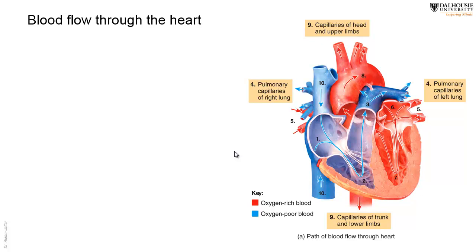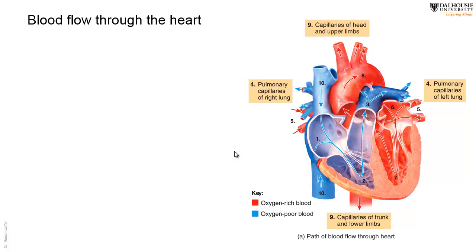It pushes the blood through the right atrioventricular orifice, which is guarded by the tricuspid valve, and then to the right ventricle. The right ventricle here pushes the blood, deoxygenated blue blood, through the pulmonary trunk, and this is guarded by a valve, which is semilunar, pulmonary, and then to the pulmonary arteries.